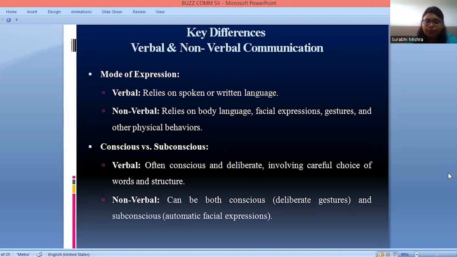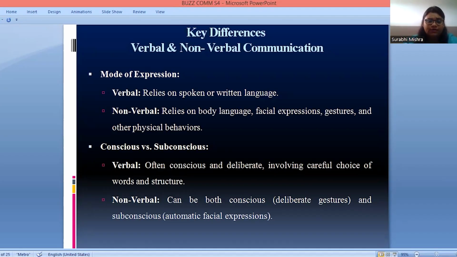Obviously, as verbal communication is based on spoken or written communication, it totally relies on speaking words or writing mails or letters, whichever format is used. Next comes non-verbal communication, which relies totally upon body language, facial expressions, gestures, and other physical behavior.